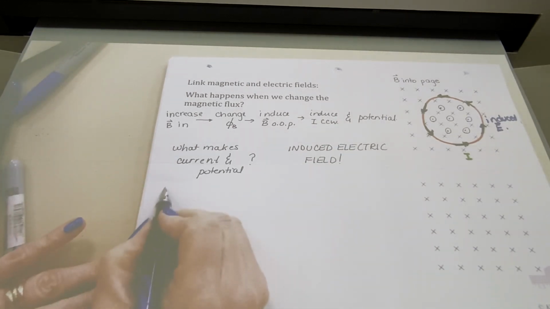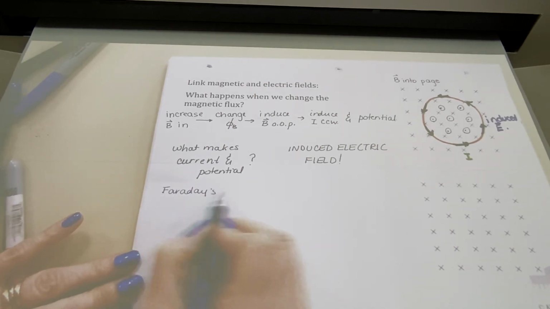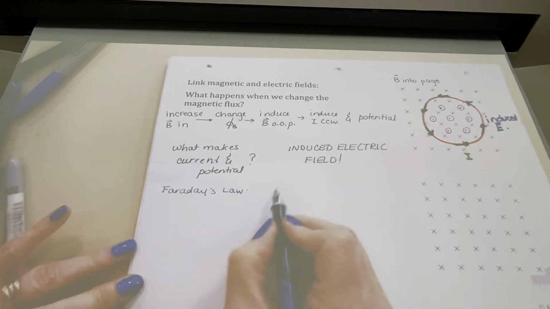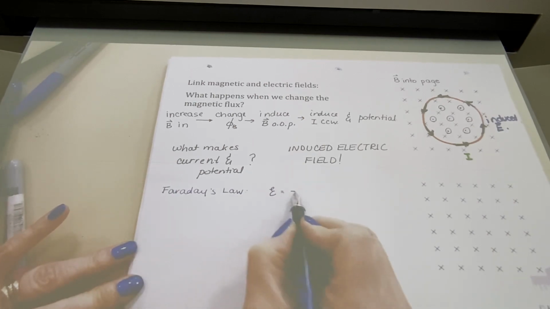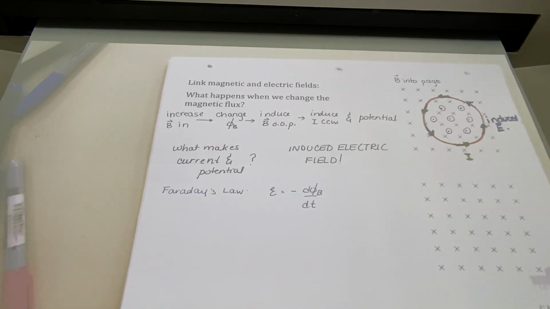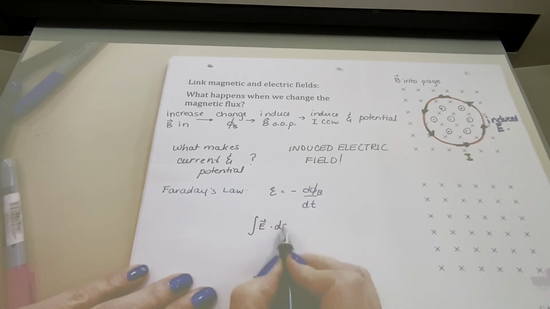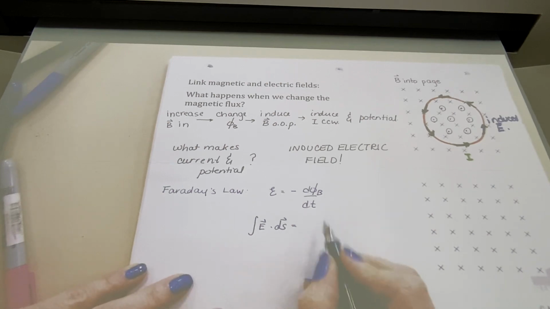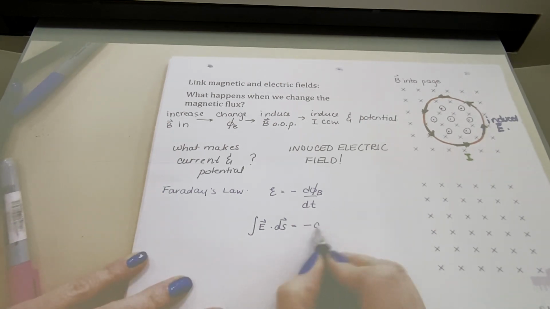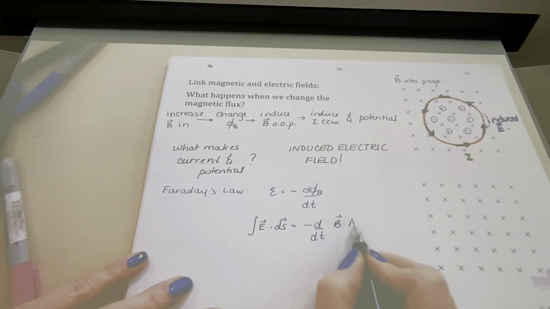So Faraday's law said that our induced potential was minus d phi dt. And now we'll add the part that we know that the potential is related to the electric field because potential is the integral of E dot ds. So the integral of E dot ds is minus d by dt of magnetic field dotted with the area.